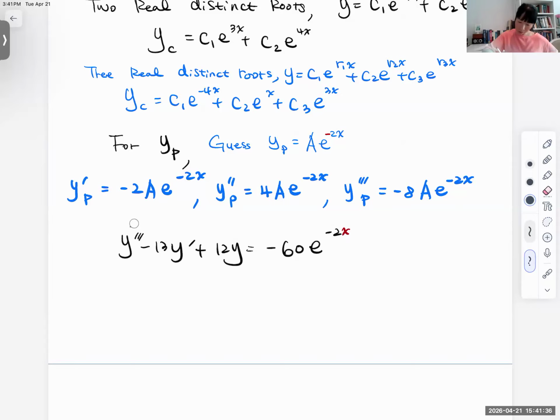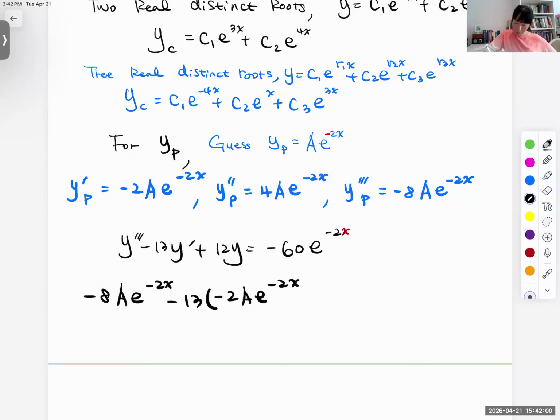So we have the third prime, negative 8a e to the negative 2x, minus 13 y prime, negative 2a e to the negative 2x, and plus 12y, which is 12a e to the negative 2x, equal to the right-hand side, negative 60 e to the negative 2x.